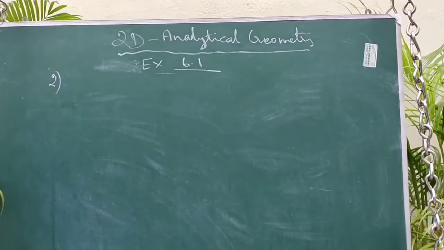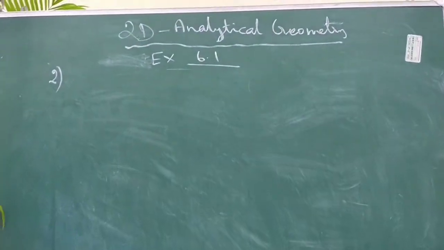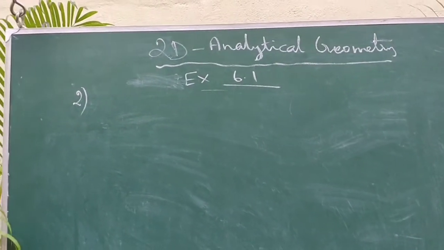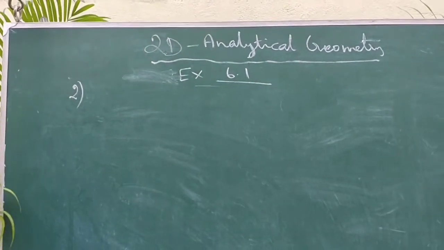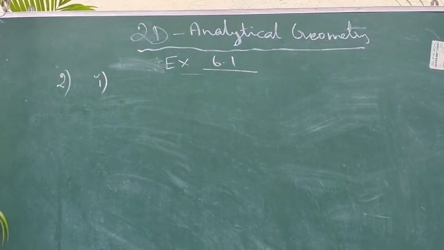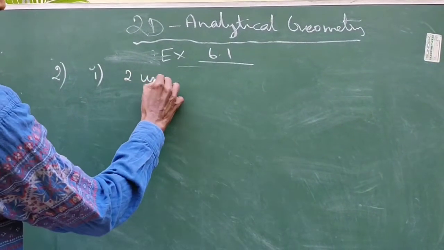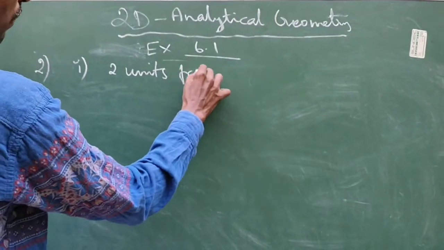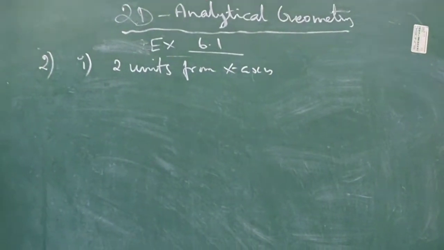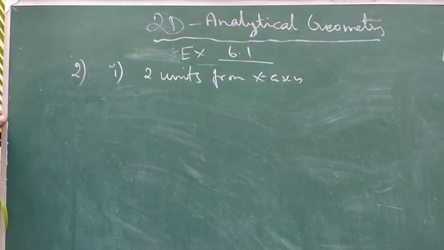Second question in exercise 6.1. Find the locus of the point P that moves at a constant distance: first subdivision, 2 units from the x-axis; second subdivision, 3 units from the y-axis.